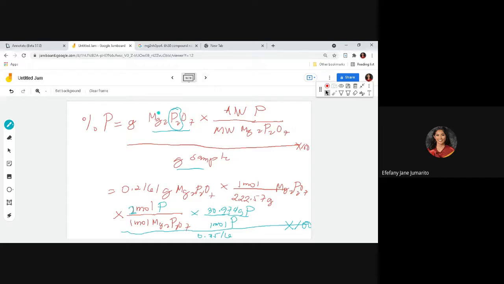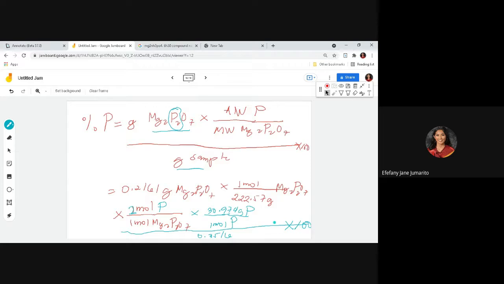We have percent P equal to... Multiply, then divide, then again divide by the whole sample, then multiply by 100.